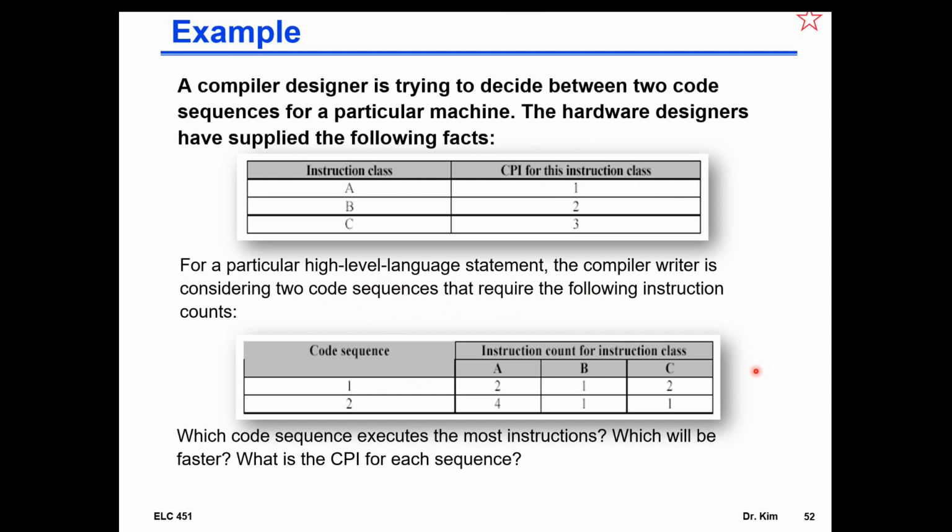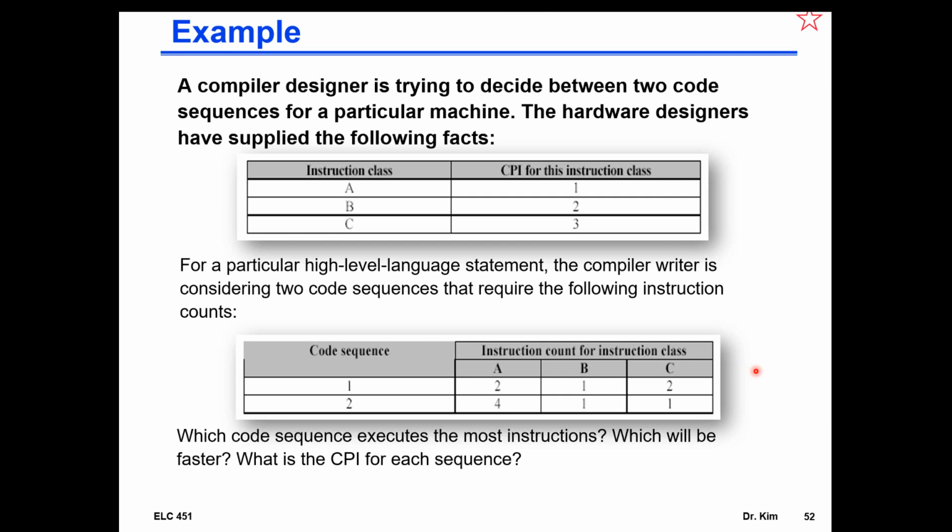So another example is something like this. A compiler designer is trying to decide between two code sequences for a particular machine. So now the compiler has a couple of options for how to translate high-level code to a sequence of assembly language or machine language, a series of instructions.